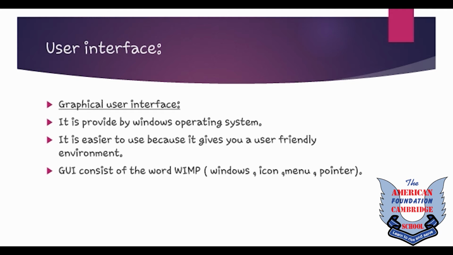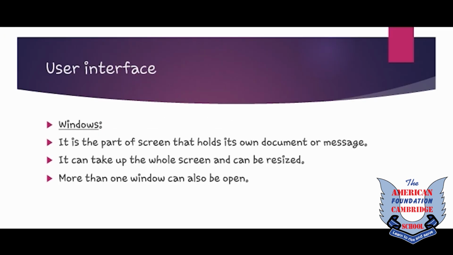How it is easy and how it is user friendly totally depends on WIMP. Graphical user interface provides us WIMP: Windows, icon, menu, and pointer. We will discuss all these terms one by one. The first one is Windows.